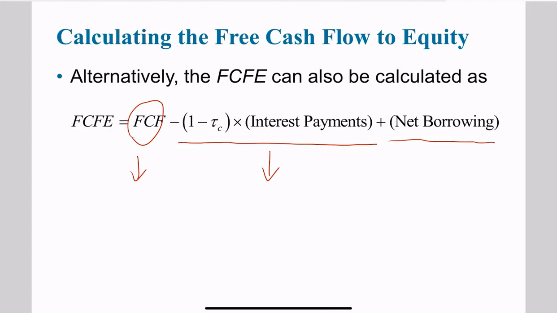However, we know that there is a tax shield from interest payments. So we should minus after-tax interest payment, right? So that's why you have this 1 minus tau c here. And again, you will obviously have the same guy, this net borrowing. Because if you have positive net borrowing, it means the firm borrows more money. It means the free cash flow to equity holders will be higher.